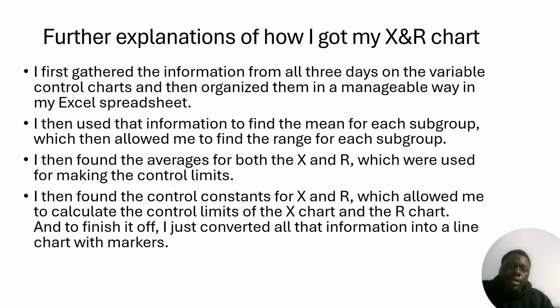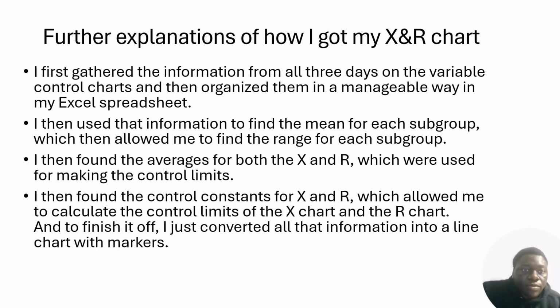To explain how I got my X and R charts for parts 1, 2, and 3, I first gathered the information from all 3 days on the variable control charts and then organized it in a manageable way in my Excel spreadsheet. I then used that information to find the mean of each subgroup, which then allowed me to find the range of each subgroup.